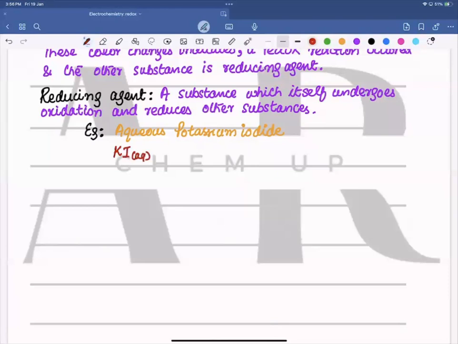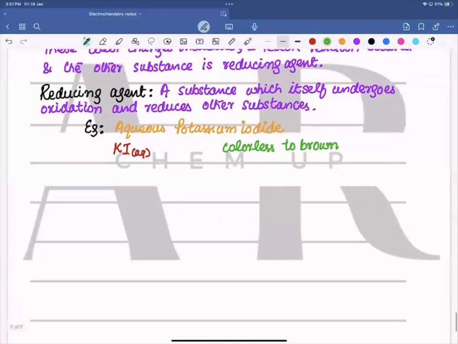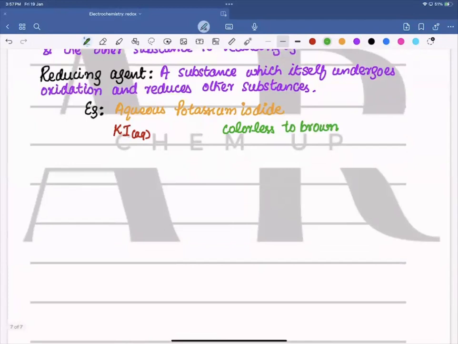Aqueous means dissolved in water. The color change is colorless to brown. When it reacts as a reducing agent, it is itself colorless, and on reaction the solution turns brown.